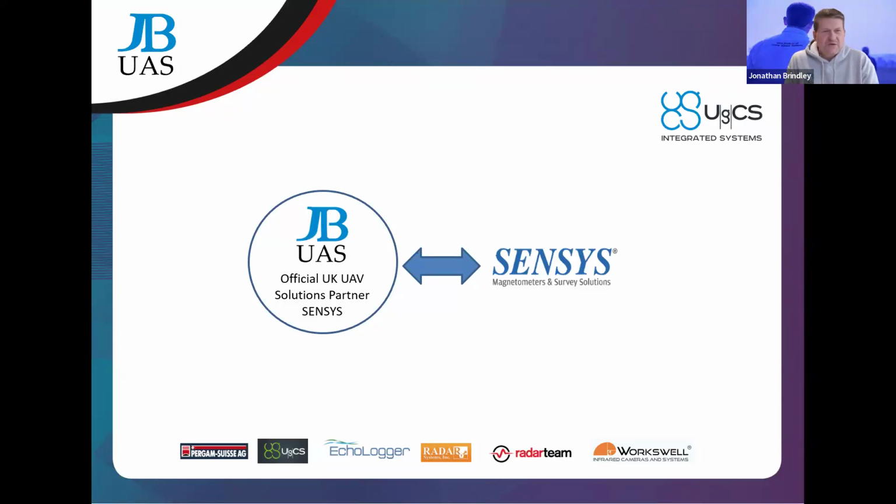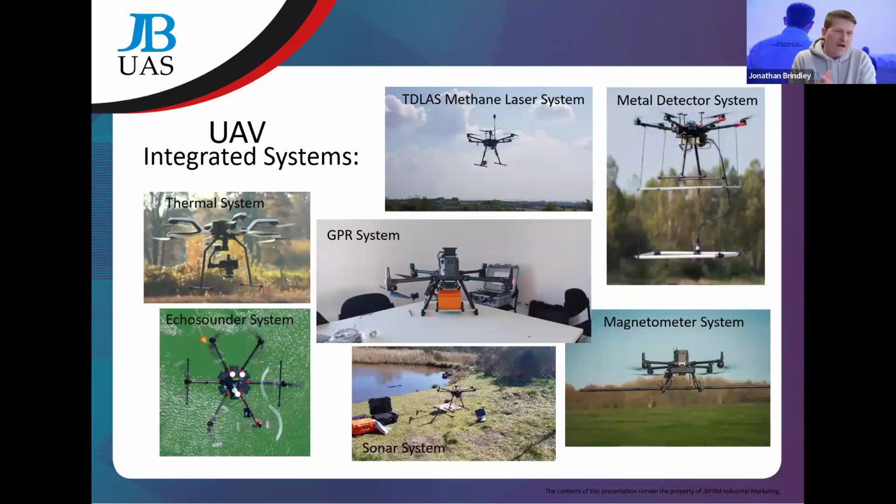You're able to get a good service from SENSYS, and it's something to bear in mind when you're looking around for this kind of technology, that if you come to us in the UK, we'd be looking to get things done quickly and provide a really good service with SENSYS backup.